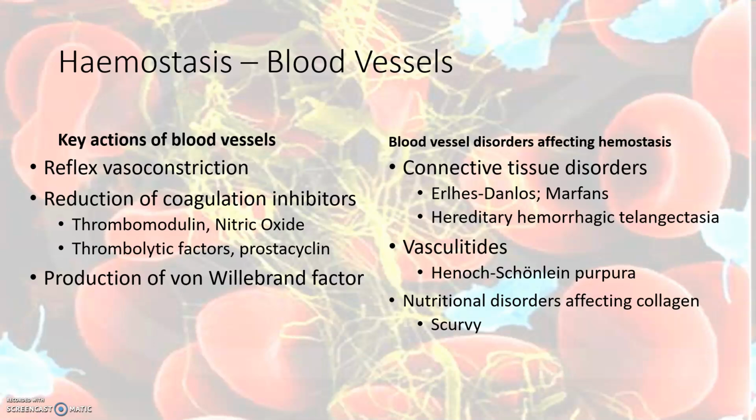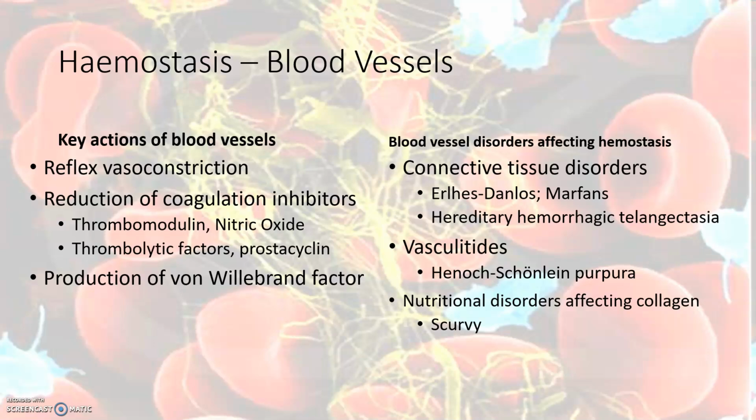So several molecules such as thrombomodulin, nitric oxide, thrombolytic factors, and prostacyclin work to prevent blood clotting in an intact vessel. These have to be reduced if injury occurs and there's a need for clotting, and then also the production of von Willebrand factor, which is a key component in the initial adhesion of platelets to damaged vascular wall.